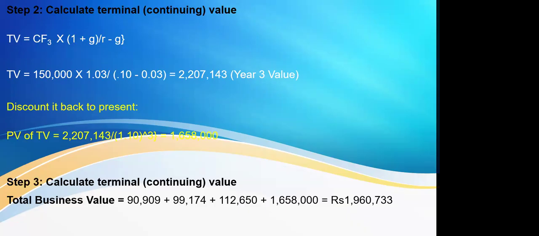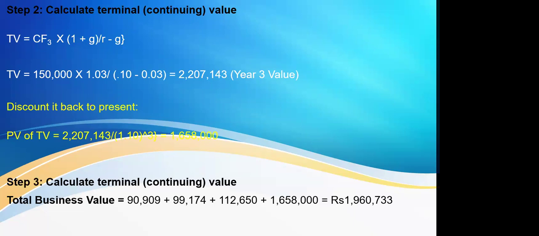Then you multiply by this formula: cash flow 3, which is 150,000, into 1 plus G, meaning 1 plus growth rate of 3%. It is given in the sum. So 150,000 into 1.03 divided by 0.07, because the denominator is R minus G. R means discount rate, minus G means growth rate.